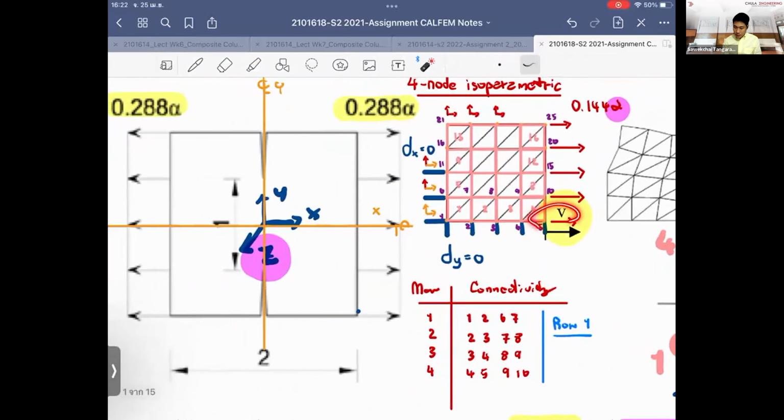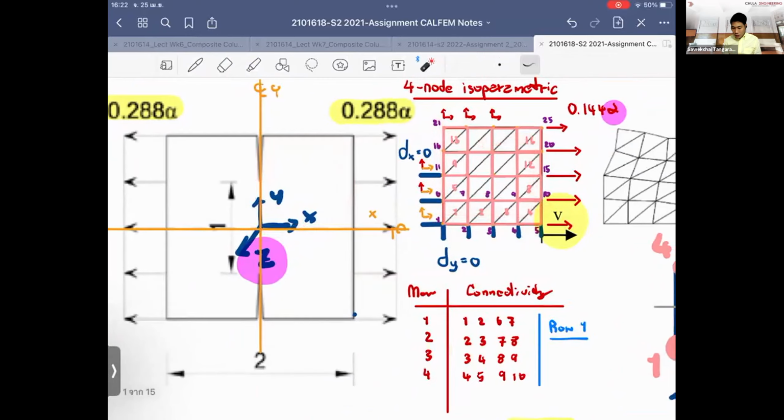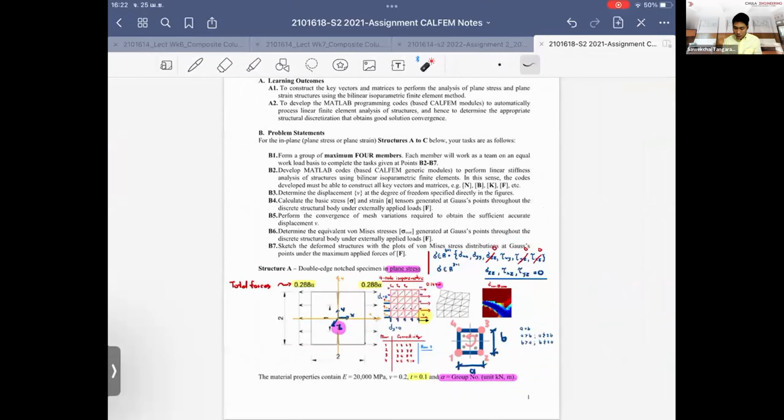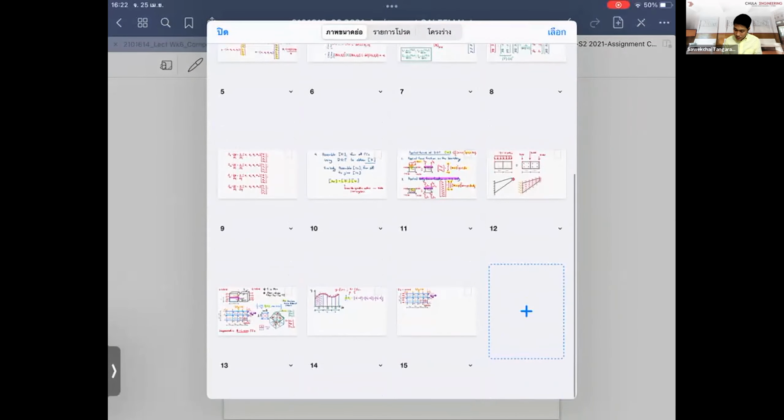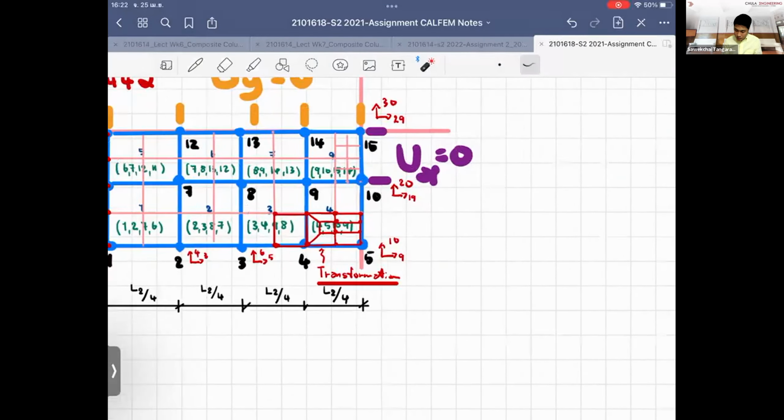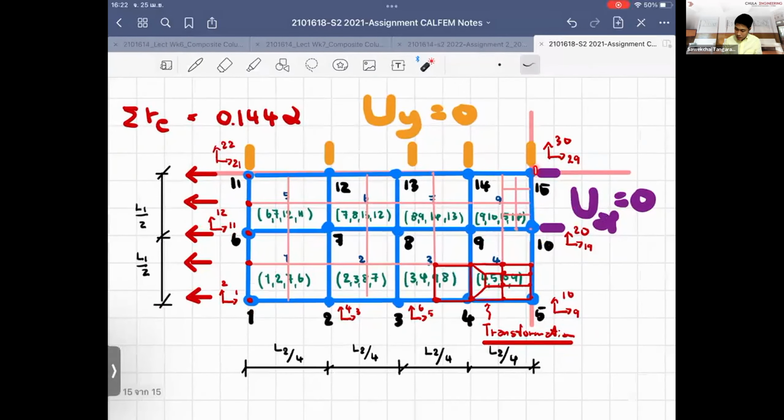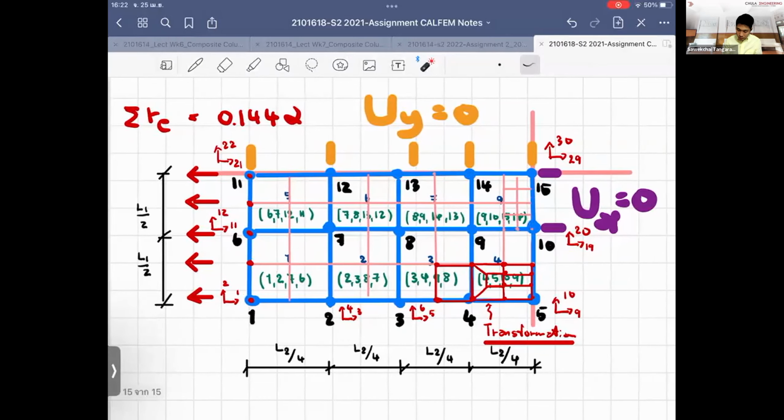The displacement here is at the center, because I cut this from a quarter. So this is the displacement we're looking at. So we want to know the information of the deformations in this case, because this is at the restraint point.